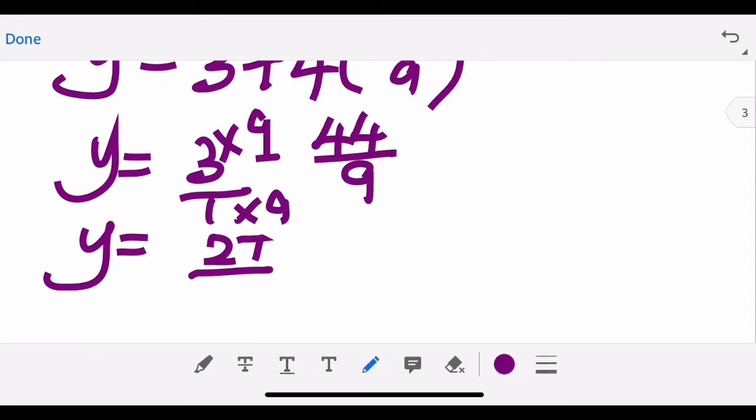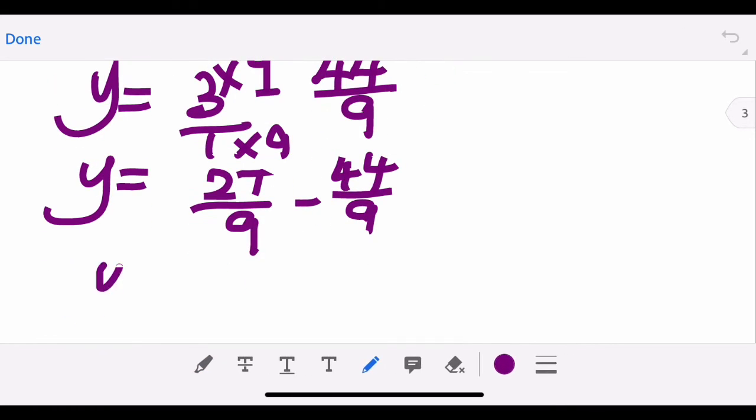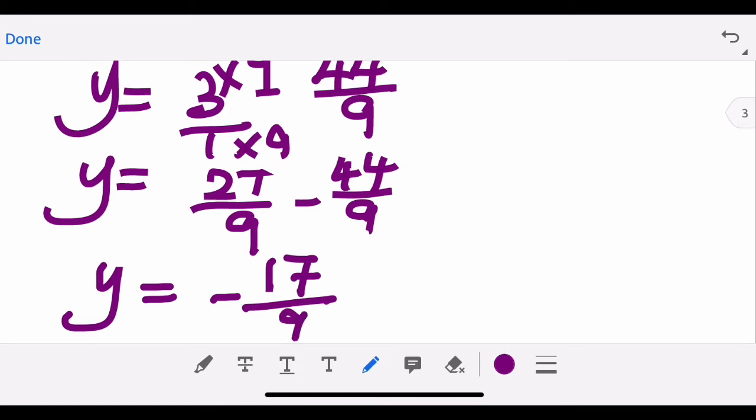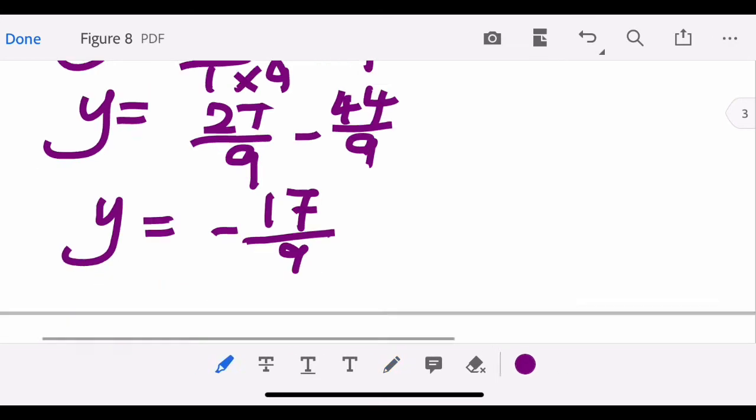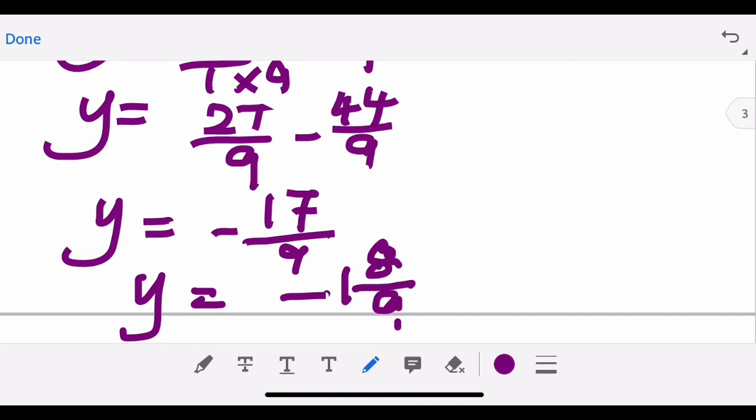You will get a negative number because 27 is smaller than 44. So it's negative 17 over 9, right? Okay, now next we will solve the other one. For this one you can write in mixed fraction if you want. It's negative 1 8 over 9.